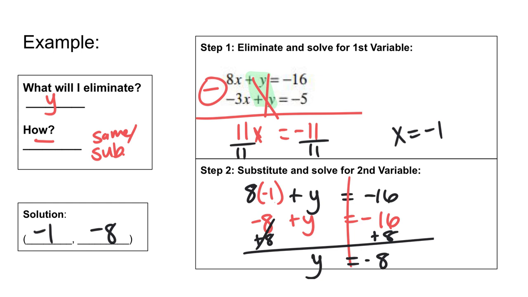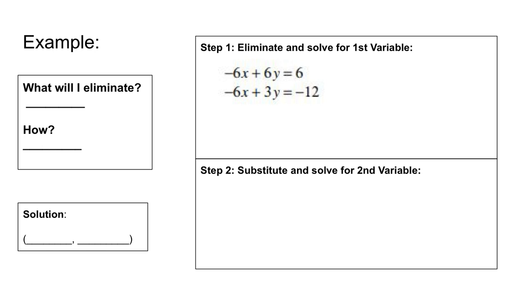All right, continuing on. Take a look at this one. Which variable can we eliminate this time? Right, we're going to eliminate the x. So they're the same, which means I can eliminate them through subtraction. That's right, same. We subtract.